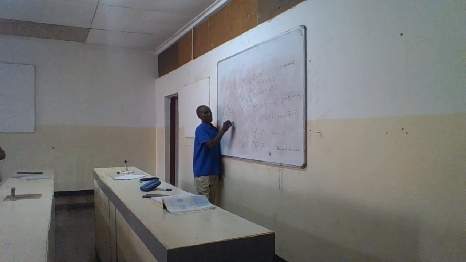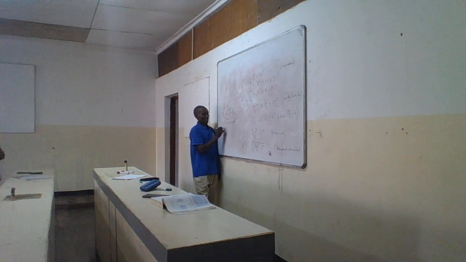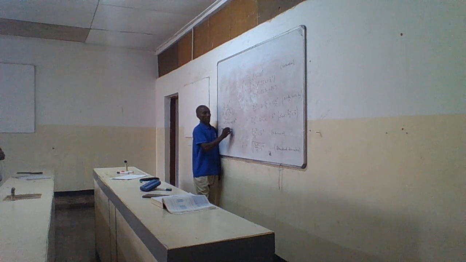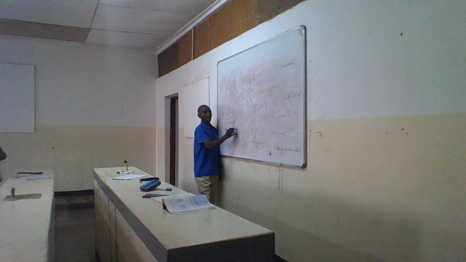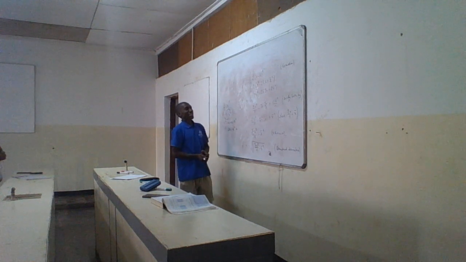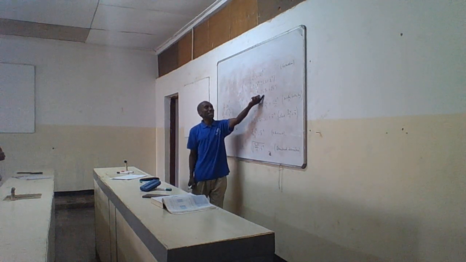And this one is plus b squared. So it's a squared minus 2ab plus b squared. This is exactly what I have obtained here.